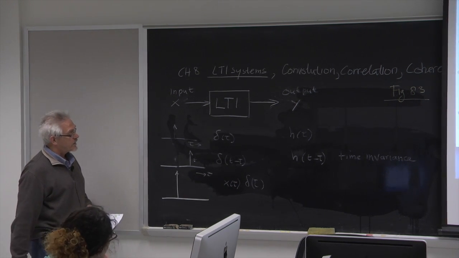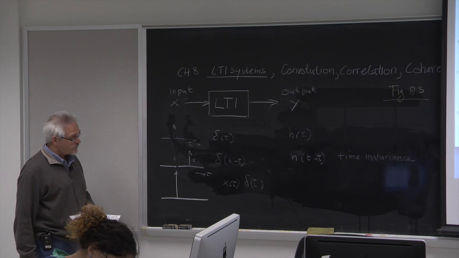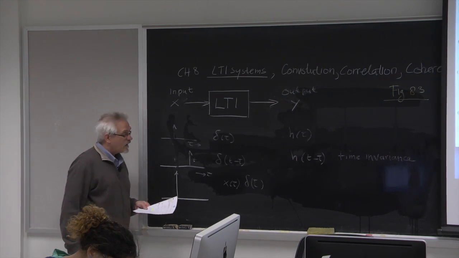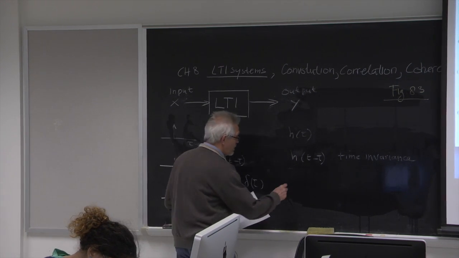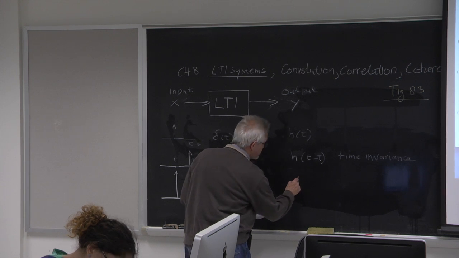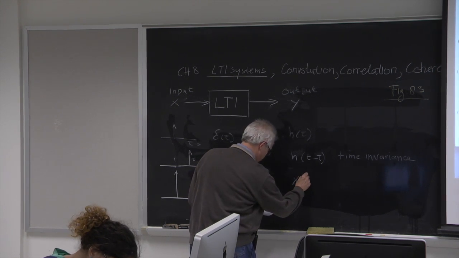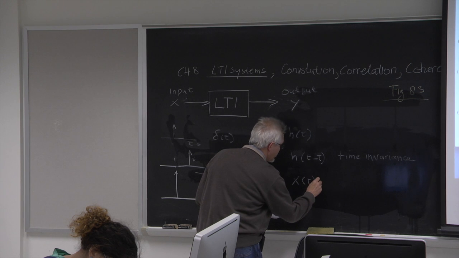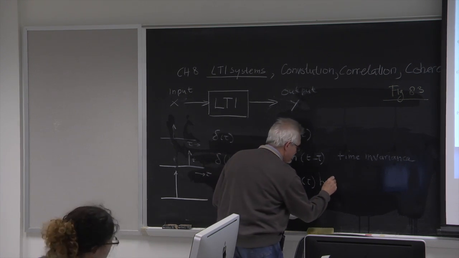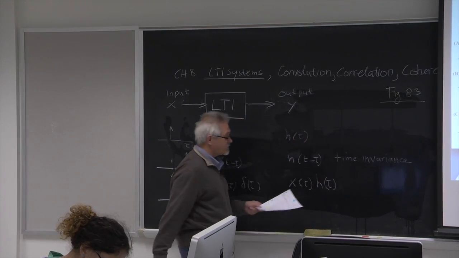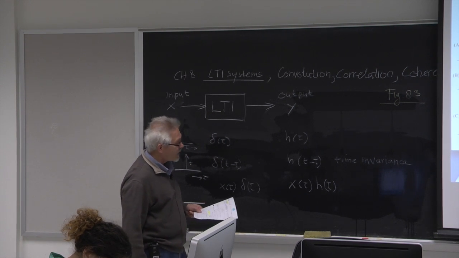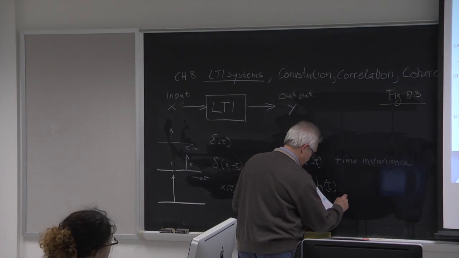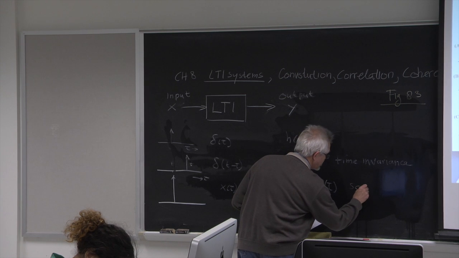The delta function tau is now weighted by x tau. And now the output, as I may expect according to the scaling law, will be a unit impulse response that is also weighted by x tau. So that is the scaling property, isn't it?